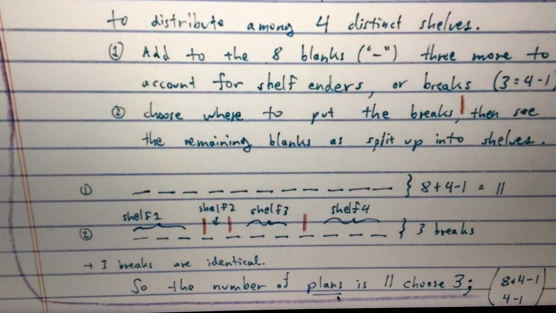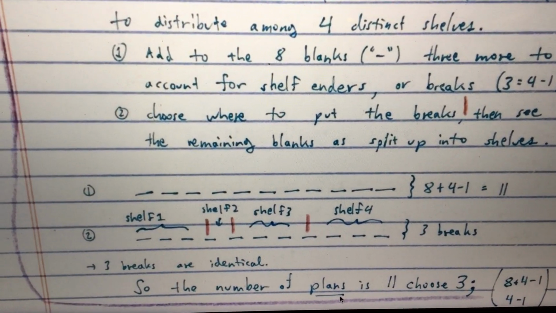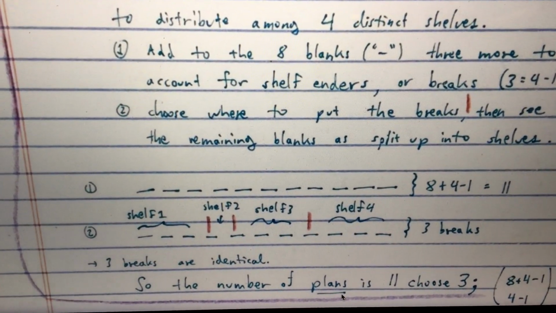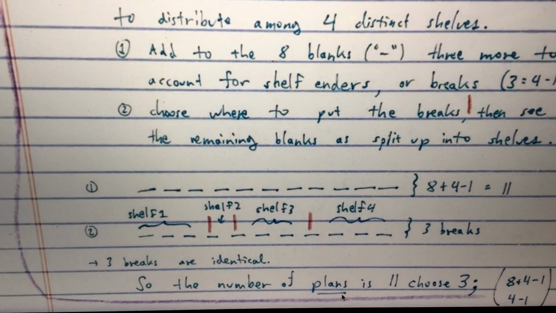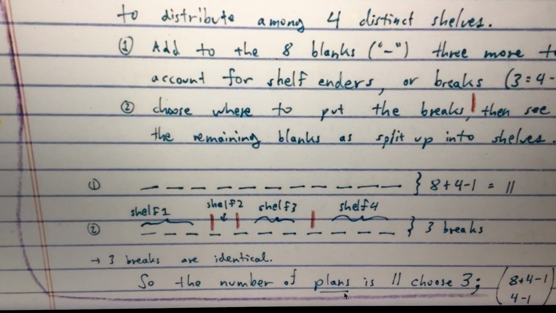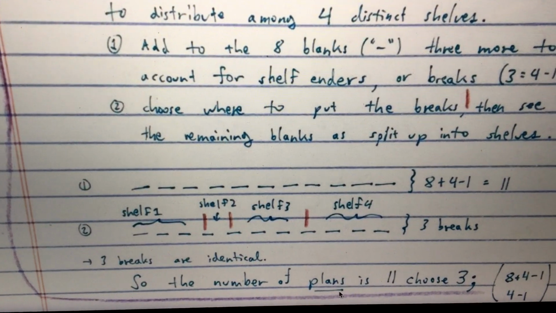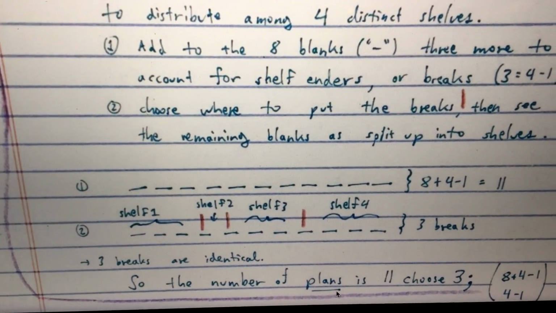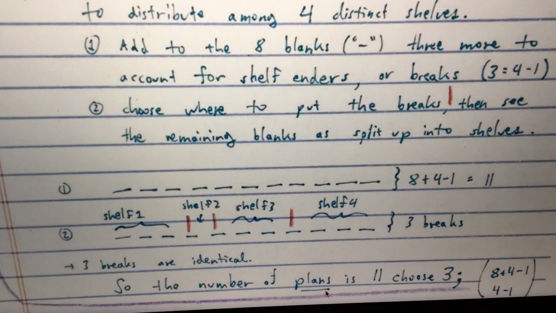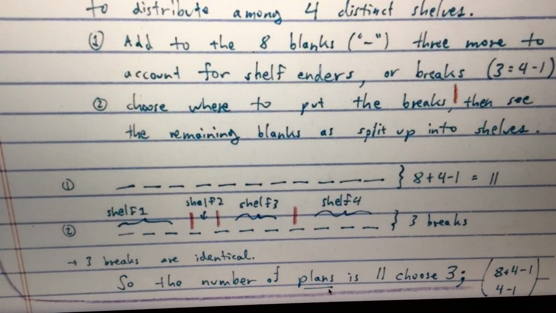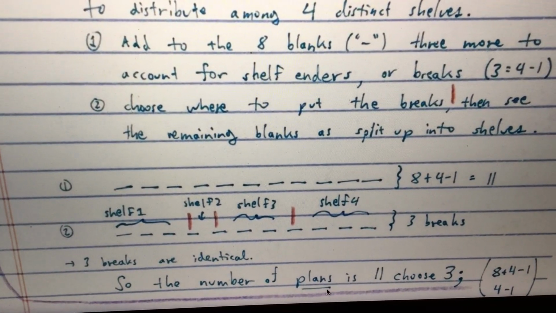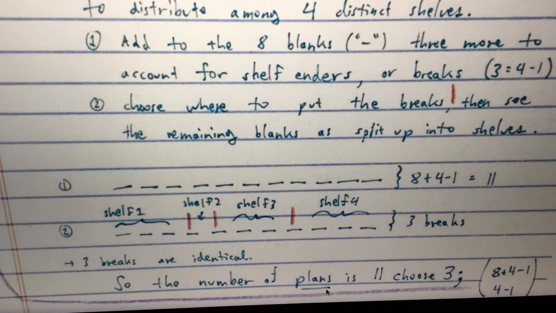We want just any subset of those 11 possibilities to put the line breaks in, to put the shelf enders. So the number of plans will be 11 choose 3, written like that. The 11 comes from 8 plus 4 minus 1, and the 3 comes from 4 minus 1.